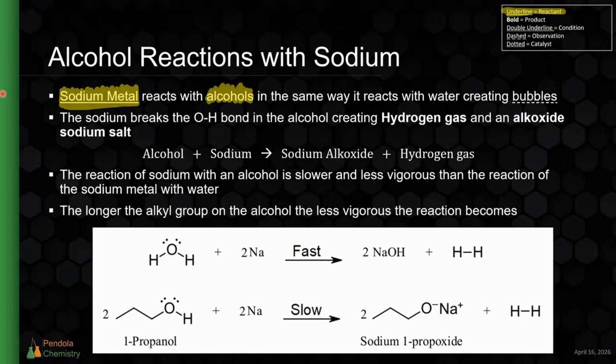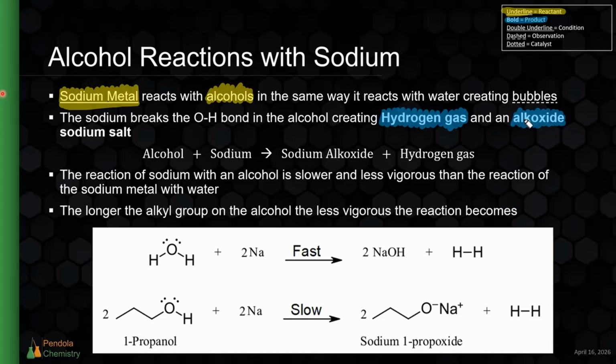So whenever the sodium metal reacts with an alcohol, we get hydrogen gas being created because the hydrogens are lost by the alcohol, and we also get what we call an alkoxide ion. And you can view an alkoxide ion as the hydroxide of an alcohol, right? When water loses hydrogen, it becomes hydroxide.